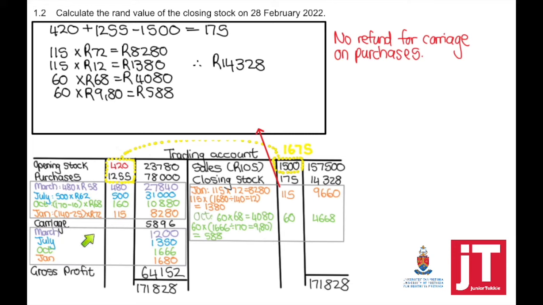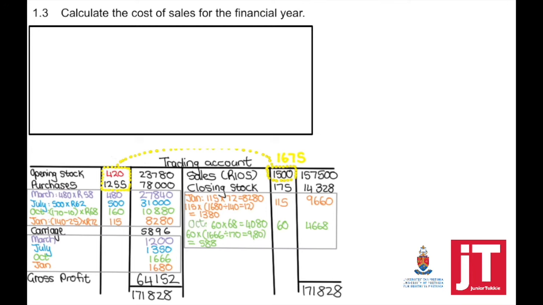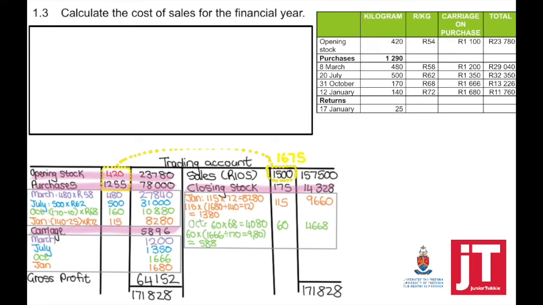This is why if you look at the carriage for January and for October, we had to include the total unit purchase. In other words, the total carriage on purchases. To calculate the cost of sales, if you look at your trading account, we can use opening stock plus purchases plus carriage minus the closing stock equals the cost of sales.